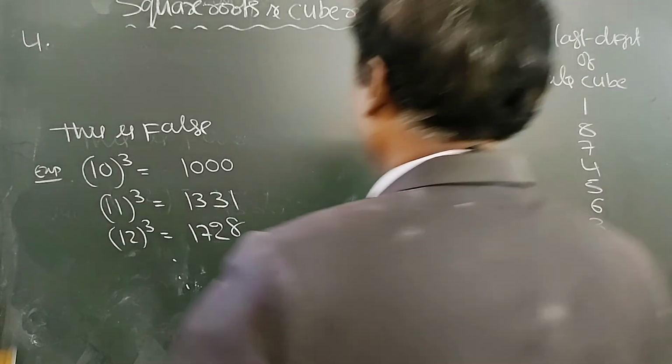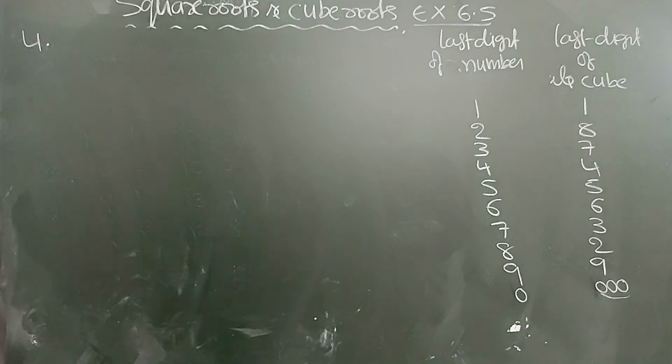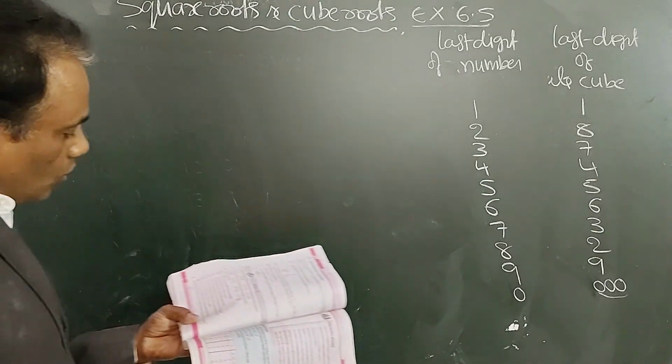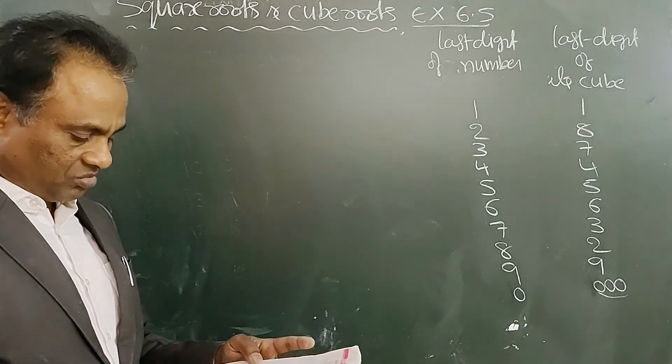Students, we have one more question, the last question in the exercise in the chapter. Find the two-digit number which is a square number and also a cube number.